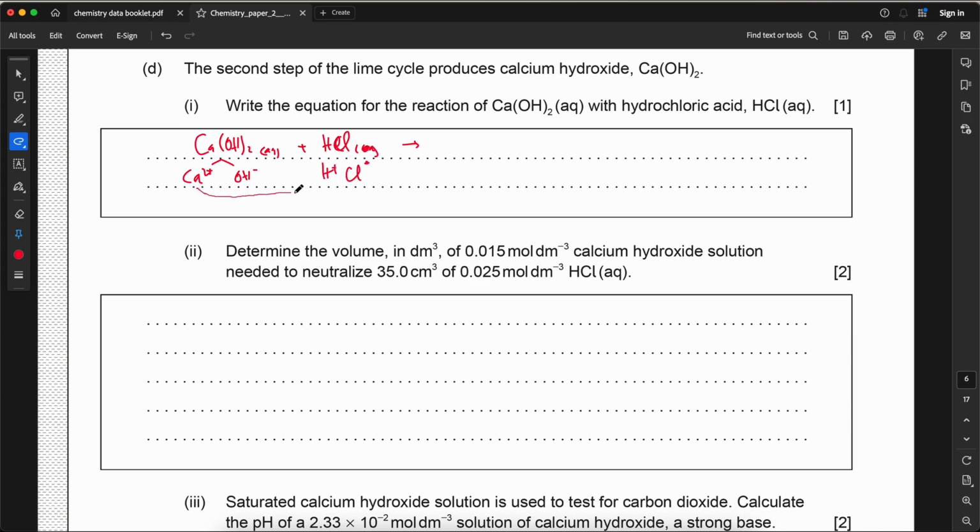So Ca2+ will combine with Cl-, crisscross, it will be CaCl2 aqueous. Plus OH- and H+, obviously it's H2O. So you balance them.